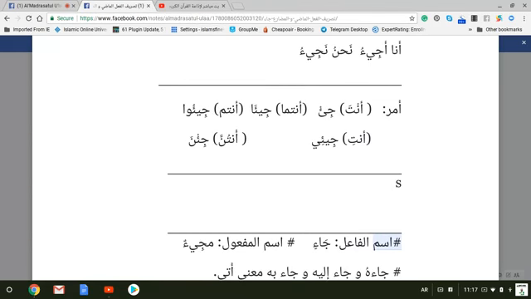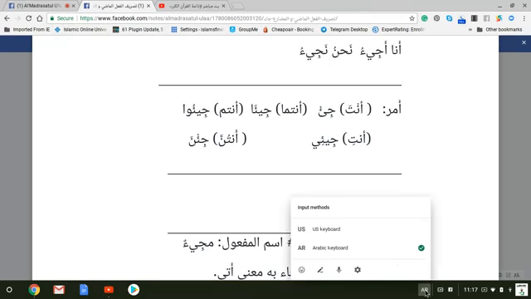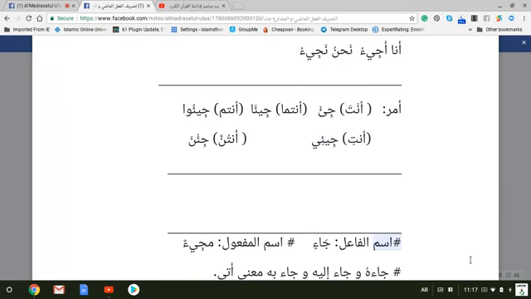Why are you writing English when I have you on Arabic fonts? Let's put some space.